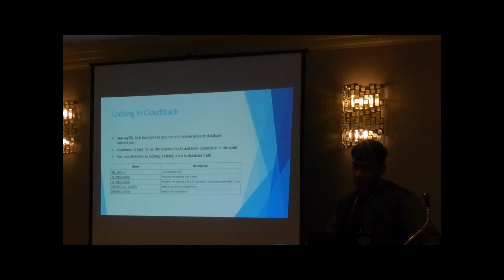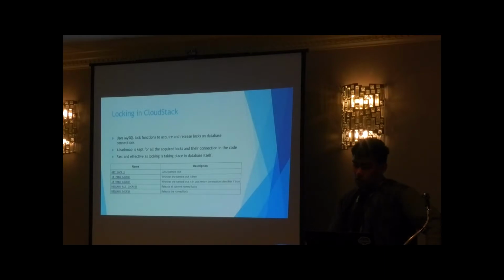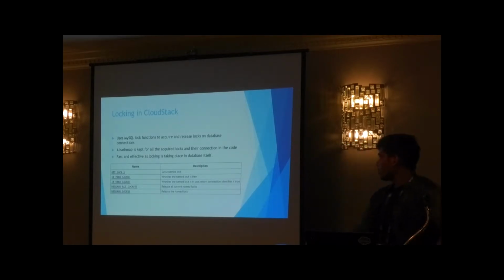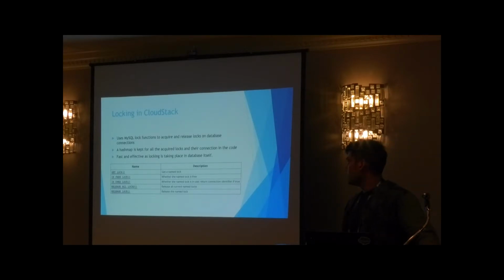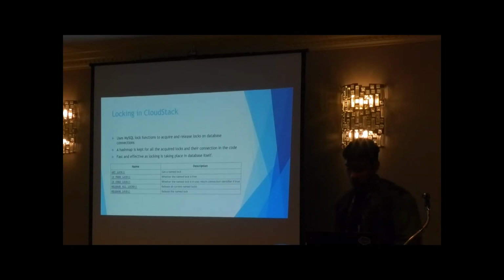It keeps a hash map of acquired locks, and the code handles them thereby. A feature of it is that it is fast and effective because we are directly locking the database, so there is no server or third-party interaction between the process and the database like what we would have with a distributed locking manager.